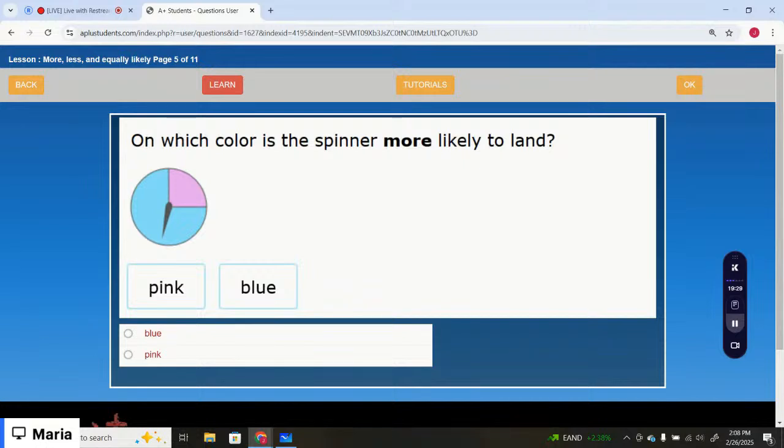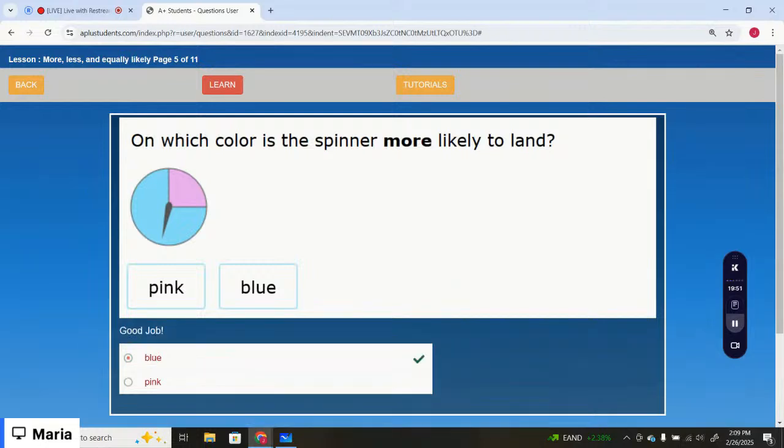In which color is the spinner more likely to land? It will more likely land on blue because most of the spinner is blue.